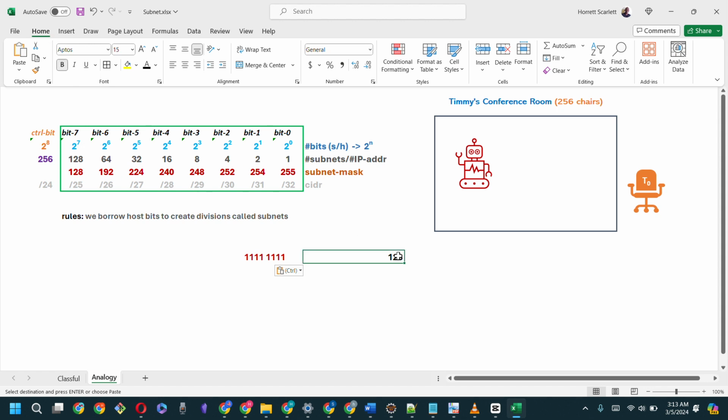So it therefore means that this is going to be equal to 128 plus 64 plus 32 plus 16 plus 8 plus 4 plus 2 plus 1. And when we do the computation, we end up with 255. So once we see the decimal number 255, we therefore know that if we convert it to binary, it's going to be 8 ones.